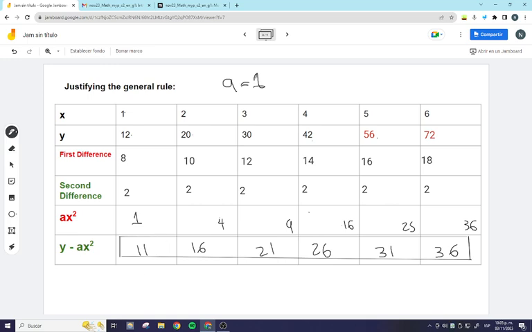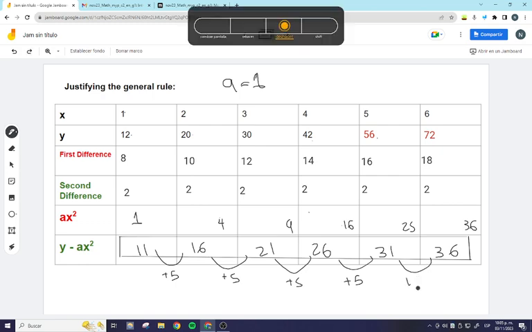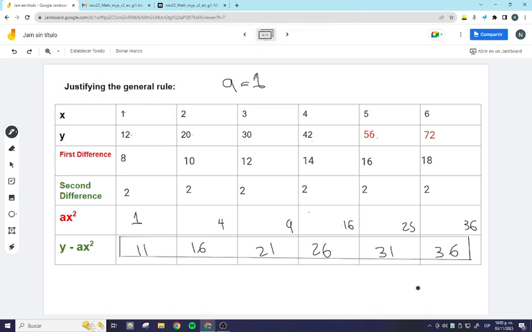So between these two, there's 5. Between these two, plus 5. Here we add 5. We add 5. Yes, this is a linear pattern. So the next step that we are going to do is to find the general rule for this pattern.